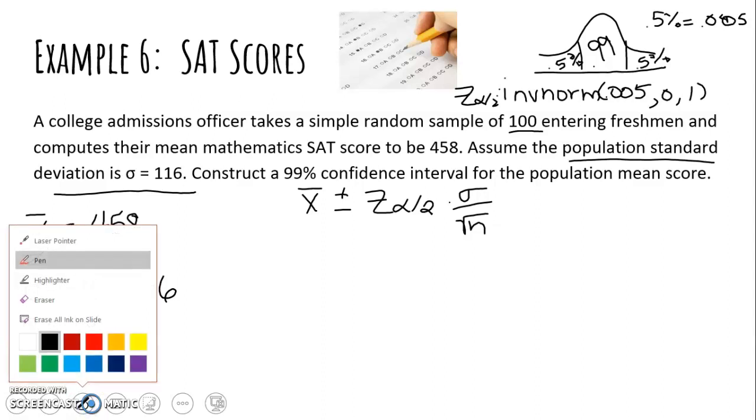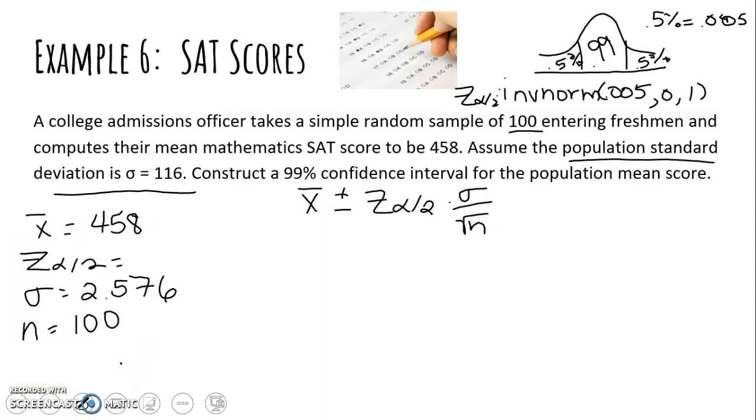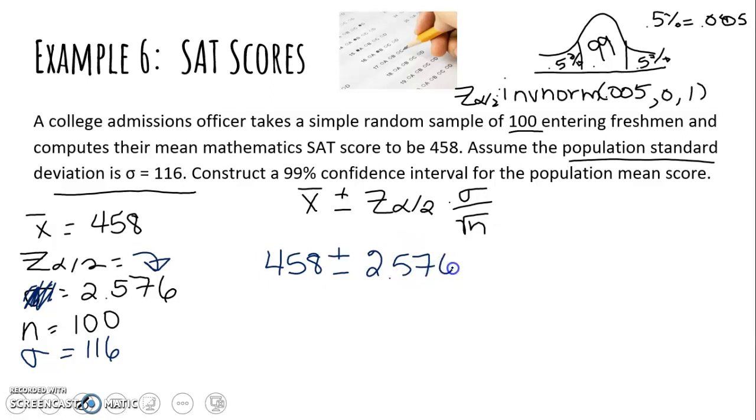So now we're just going to fill in the blanks. X bar is 458 plus or minus z. Our z was 2.576. Our sigma is 116. So z is 2.576 times sigma, which is 116, over the square root of 100.